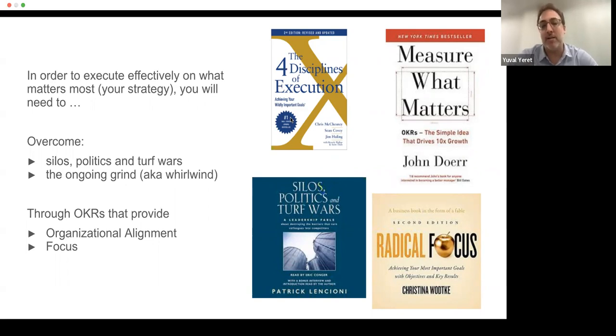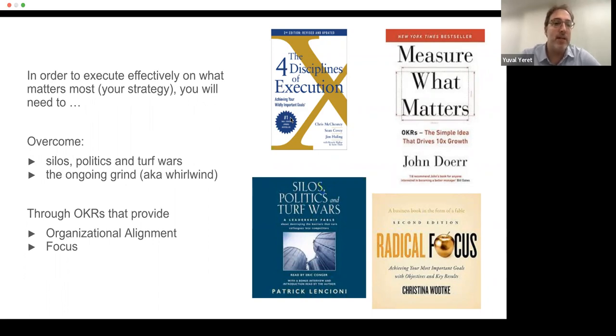Generally, what we're talking about, and maybe Lencioni provides the best introduction to this concept, is that a lot of organizations face situations where there are silos, there are politics, there are turf wars, there's an ongoing grind. Covey and his co-authors call it the whirlwind that gets you working on everything to the point that nothing is really important.